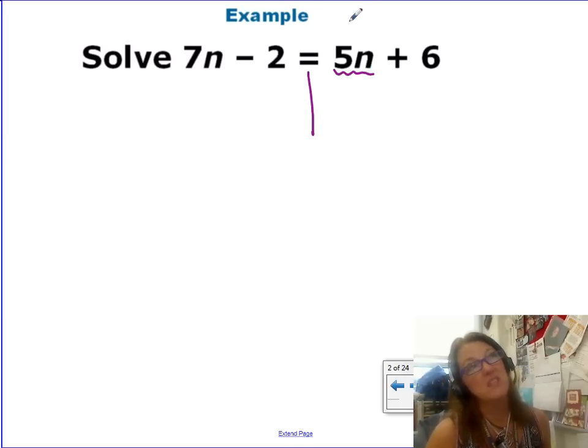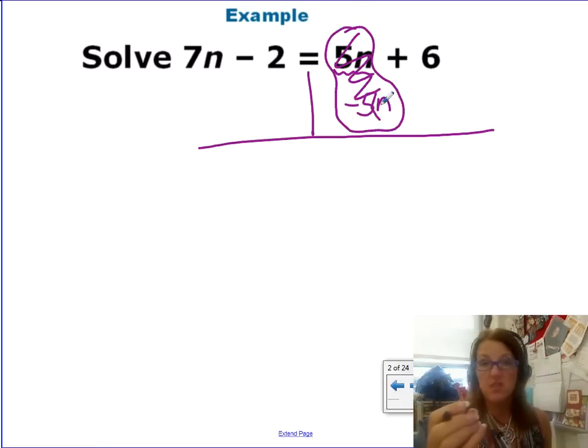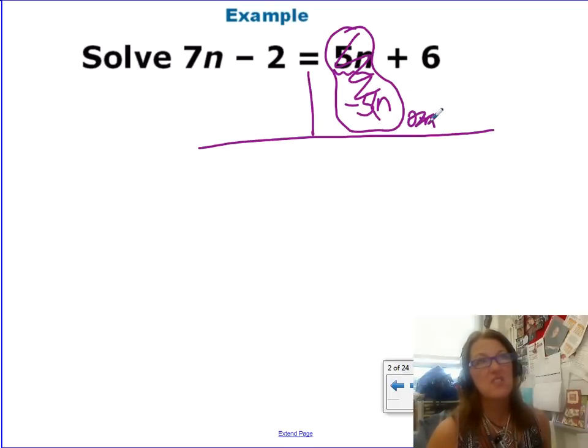What you have to do is pick the opposite. If I have positive 5n, I am going to lob a negative 5n at it. When I lob a negative 5n to this 5n, it goes to 0n, and 0 times n is just 0. So it goes away, and all that's left on this side of the equation is 6.